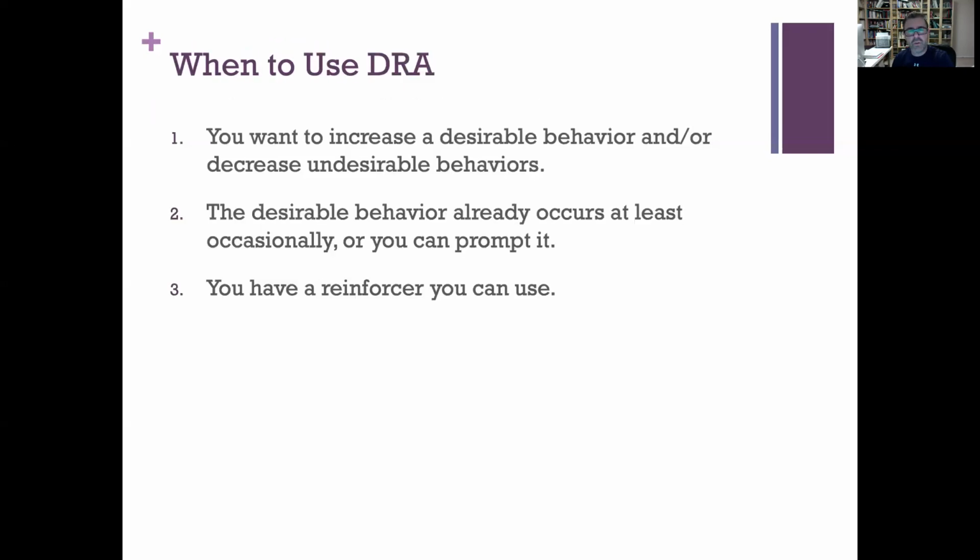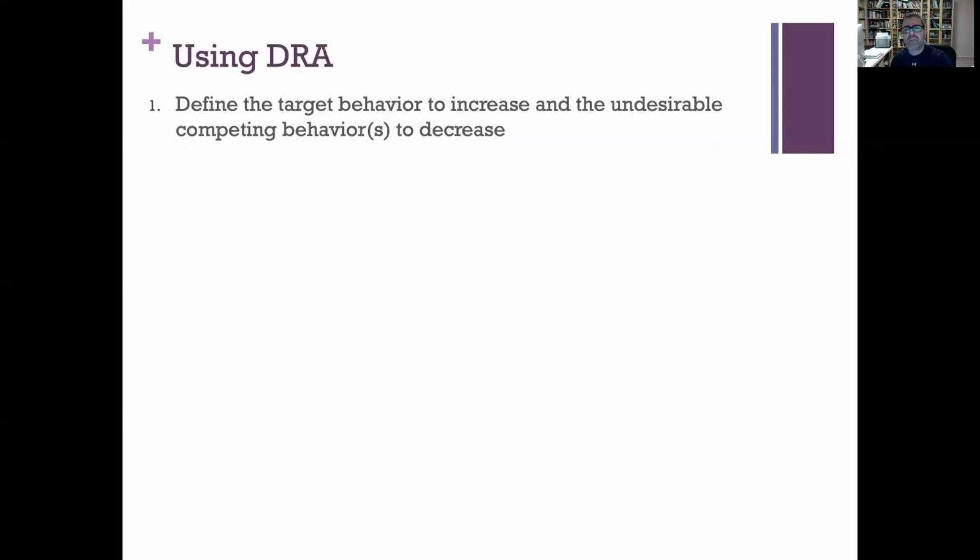So when you're using DRA, the first thing you're going to do is define the target behavior that you want to increase and define the problem or undesirable competing behavior that you want to decrease. You need to identify the reinforcer that is maintaining the problem behavior.